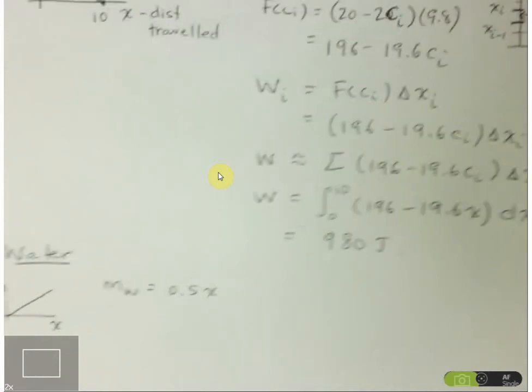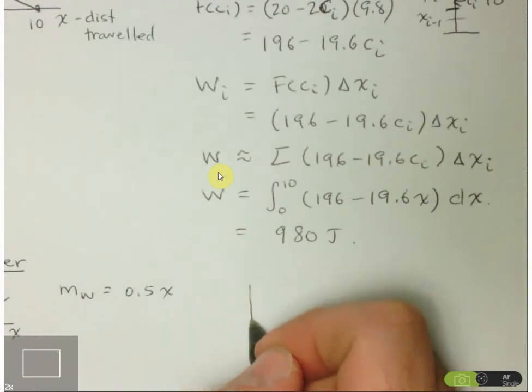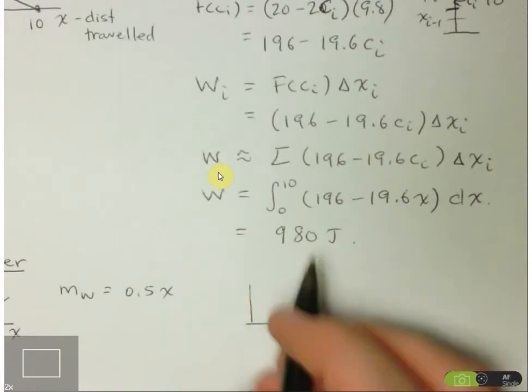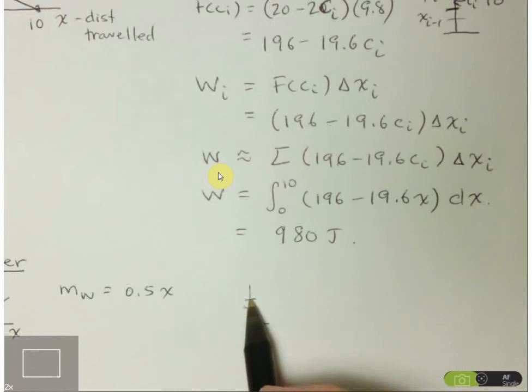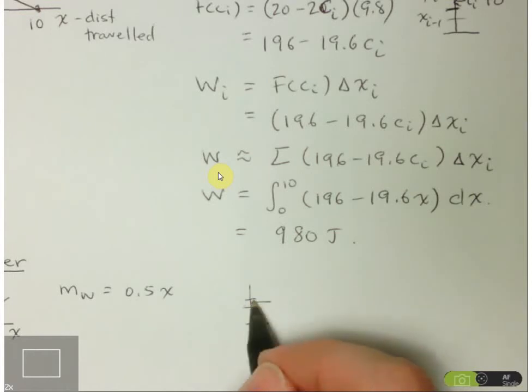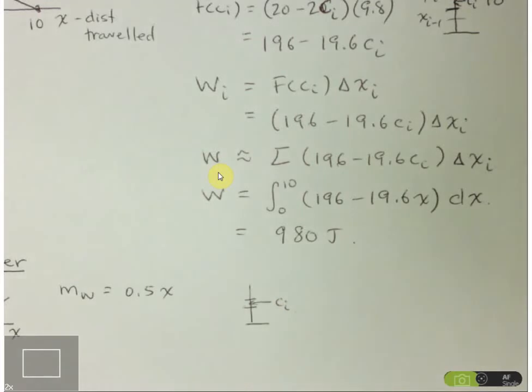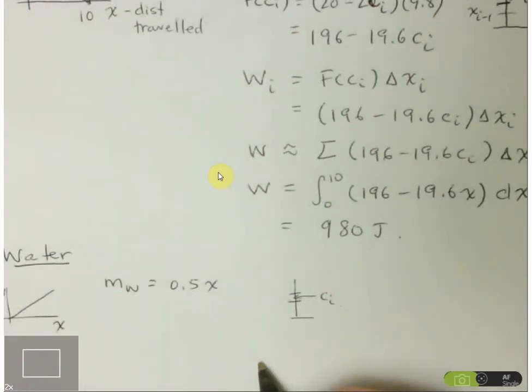And yet again we take our ladder and split it up into subintervals, and we assume that the mass of the water can be considered constant in a small subinterval. So we take a c_i in that subinterval to represent the mass within that whole subinterval.